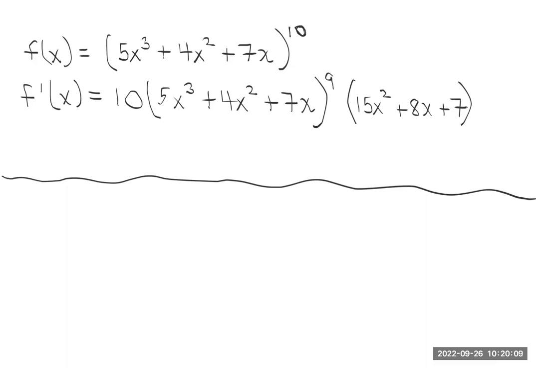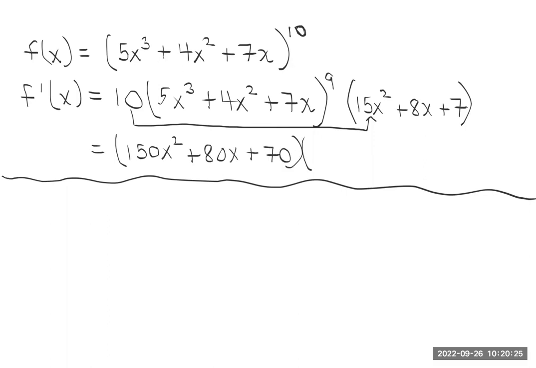But you could, if you wanted to, multiply all this stuff together. And so you could say, okay, I have 150x squared, 80x, and 70. And then all that's going to get multiplied by 5x cubed, 4x squared, 7x, all raised to the 9th power. Perfectly lovely.